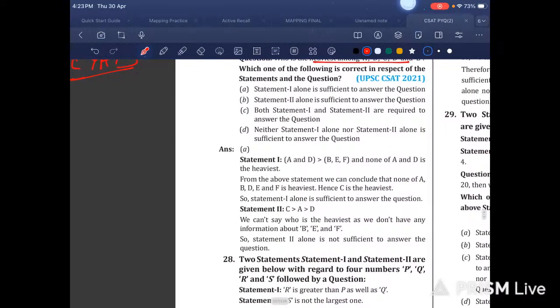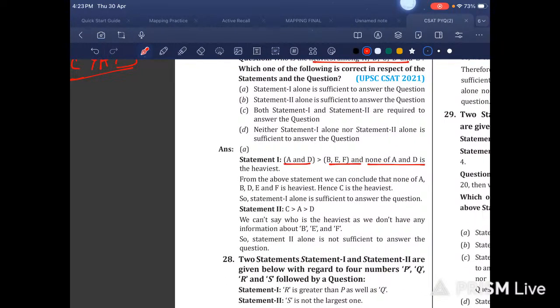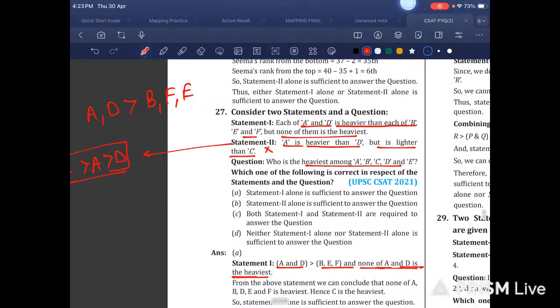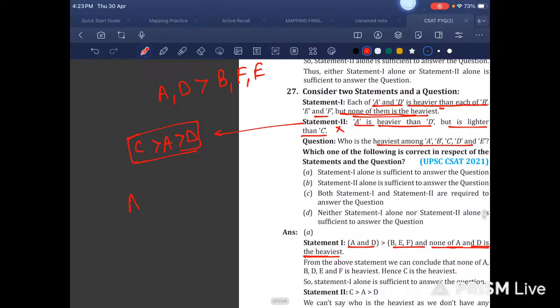Interesting. So A, D, B, F and E, none of these are heaviest. That means the heaviest must be between A or D.